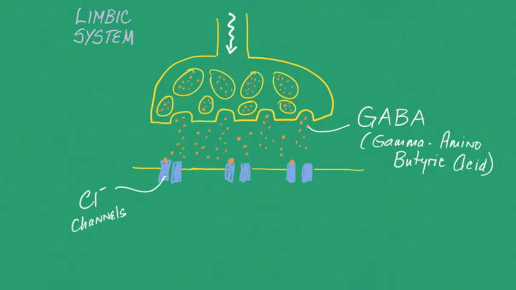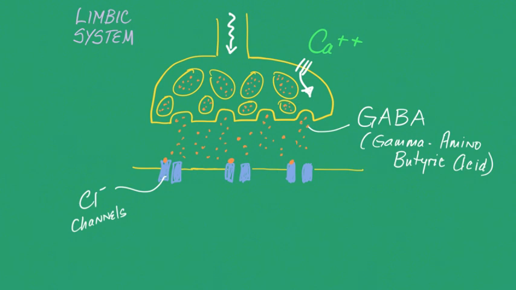We'll begin with the action potential arriving at the synaptic knob, which triggers the opening of voltage-gated calcium channels. Calcium rushes in and causes exocytosis of the synaptic vesicles. GABA is released into the synaptic gap and it binds to its receptor on the postsynaptic neuron.